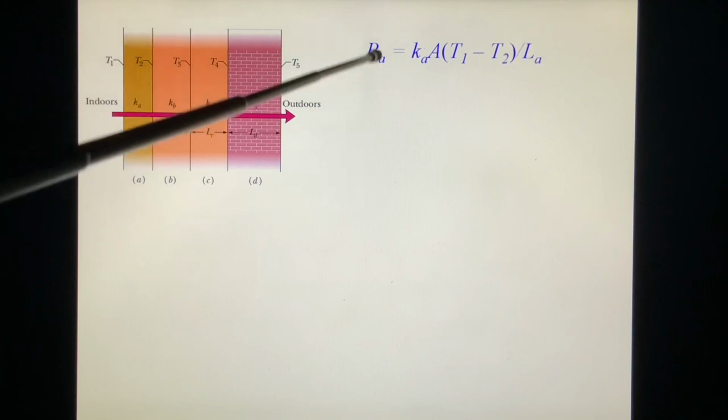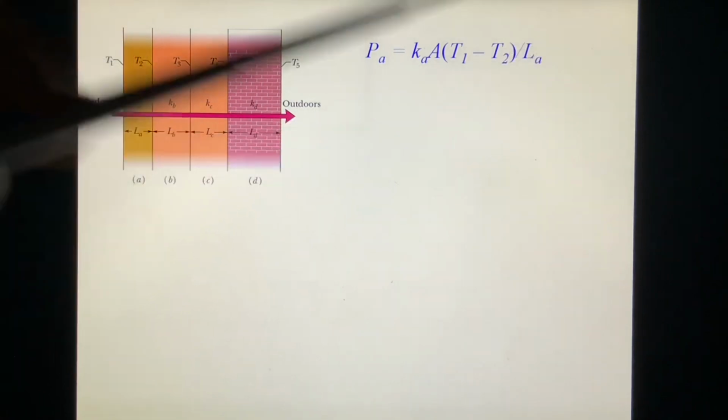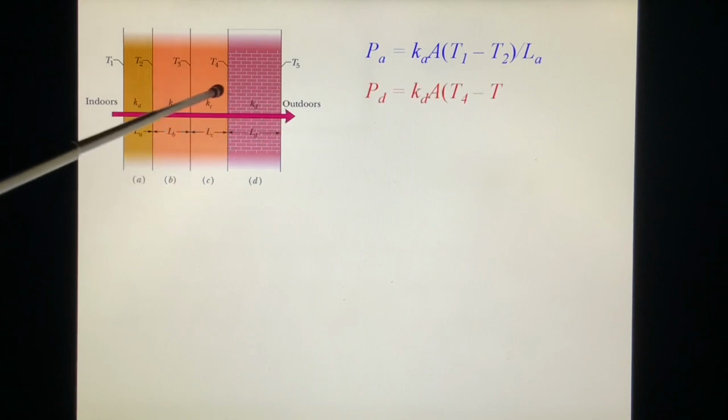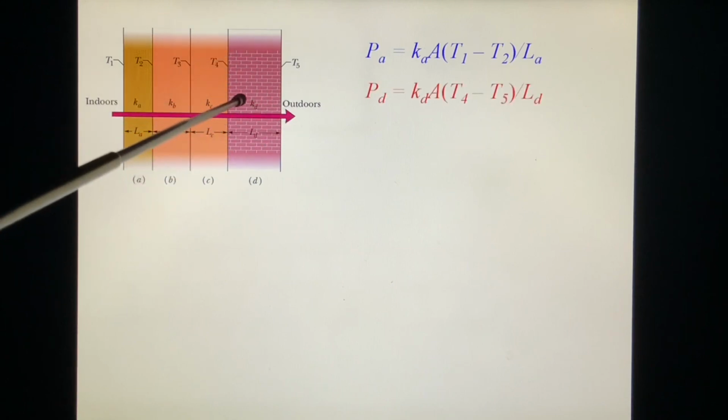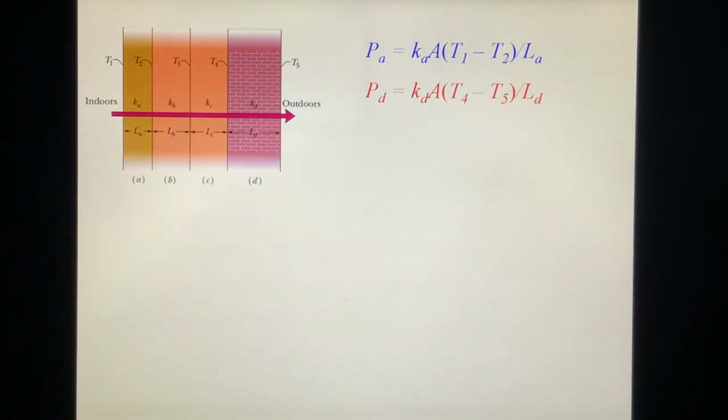We know T1 and T2. The power through layer A is P_A = Ka A (T1 minus T2) over LA, and P_D is Kd A (T4 minus T5) over LD. In steady state, they are the same.